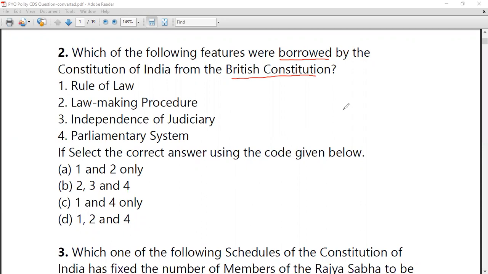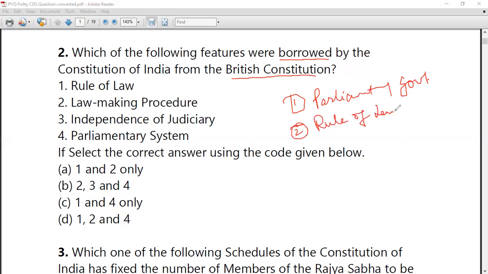First of all, from the British we have taken the parliamentary government. Then comes rule of law. We have taken rule of law.